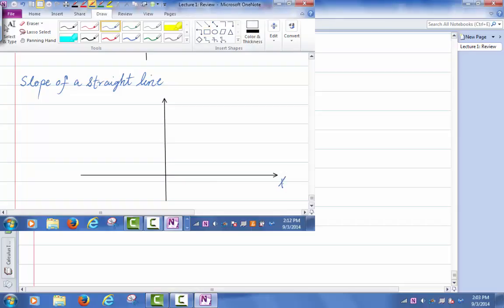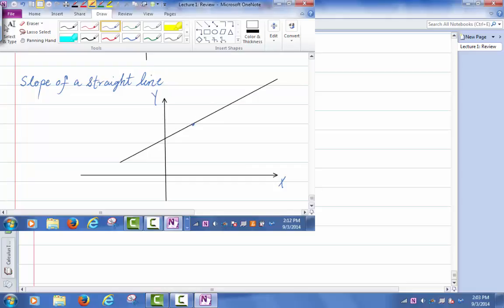So here's my x-axis, here's my y-axis. The reason I have one-sided arrows is that the side indicated by the arrow is the positive side of that axis. Okay, so let's say I have a straight line which looks like this, and the question is, what's the slope of this straight line?